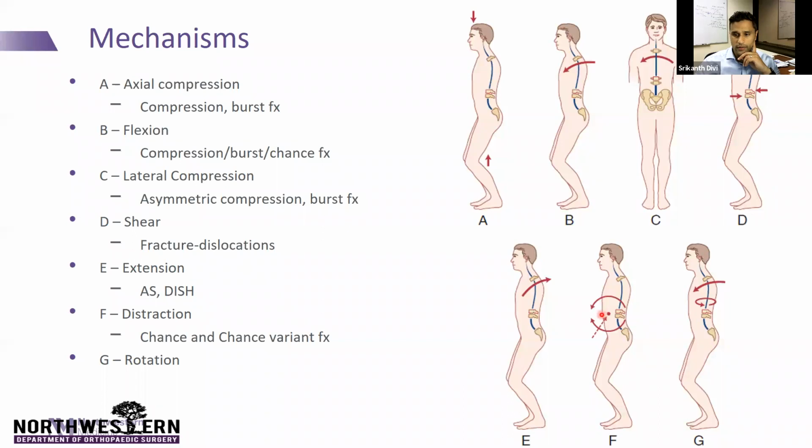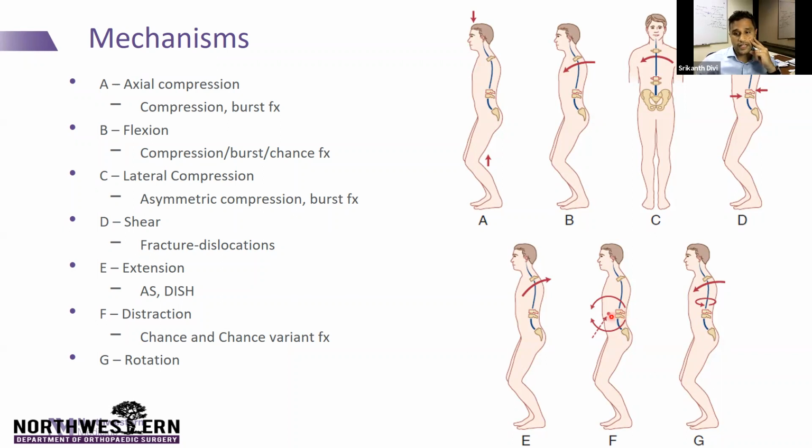Depending on how far out it is, you can get a complete disruption starting from the posterior ligaments, extending through either bone or ligaments into the disc space. It can either be incomplete or complete, depending on where the rotation is. This is your classic, what's been described as a seatbelt fracture back in the day, before the new modern seatbelts.